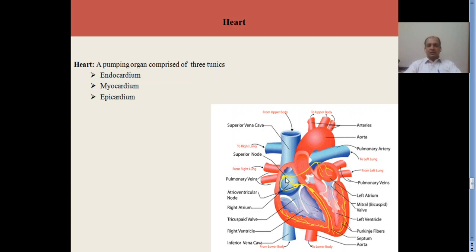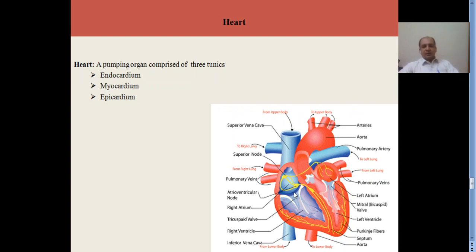The pacemaker is also known as the SA node, while this one is known as the AV node, and this AV node then transmits the impulse to the bundle of His. Here it has been shown, and it is branched again and again, transporting the impulses to all heart ventricles. So these are the impulse generation system of the heart.